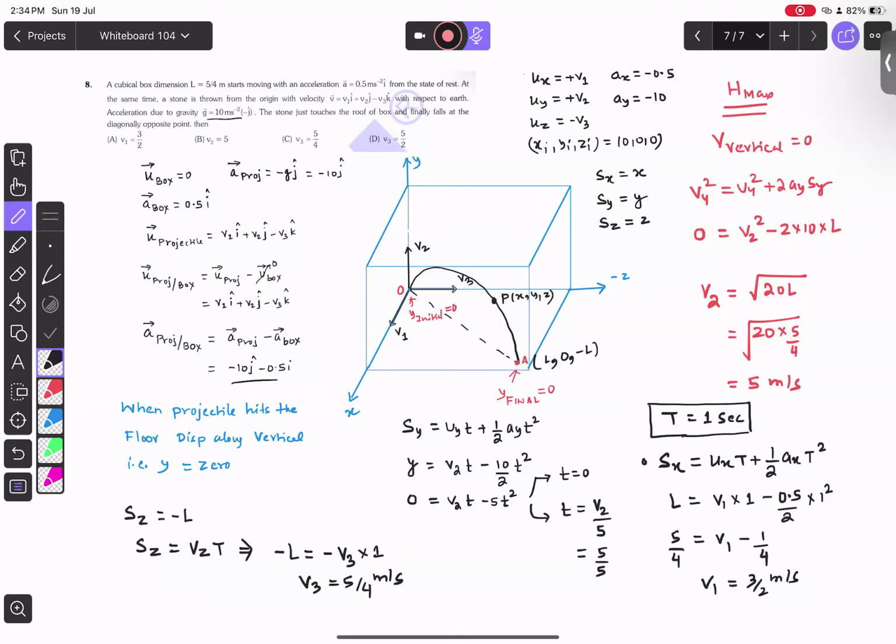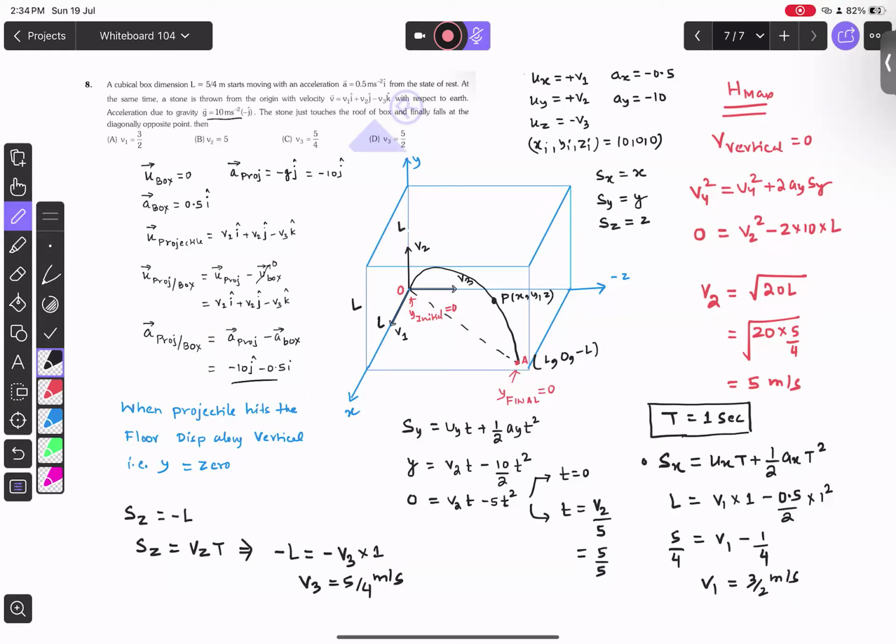Sir, how is displacement along x 5/4, sir? Because it is given that it is going to reach the diagonally opposite corner. So you draw the diagonal on the floor and you're reaching this corner. So what is the x coordinate it has? The length of this room is L, no? It's a cubical room.